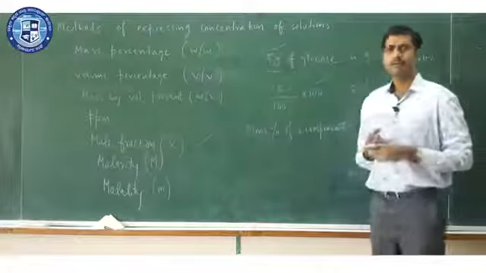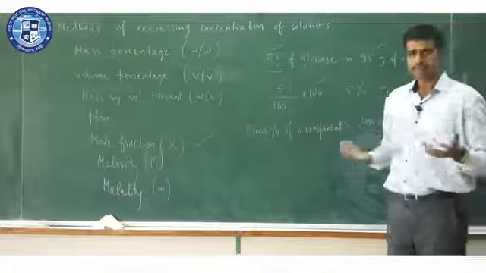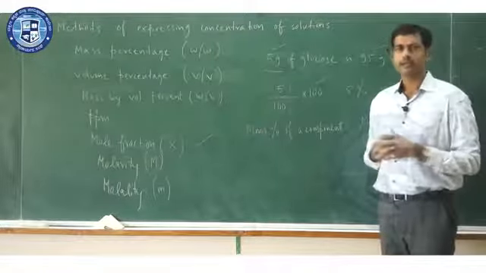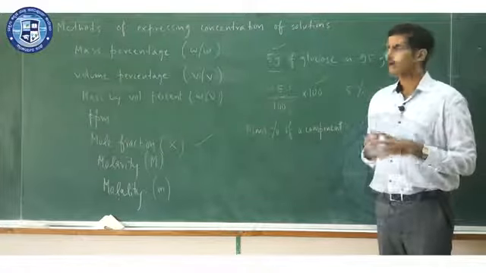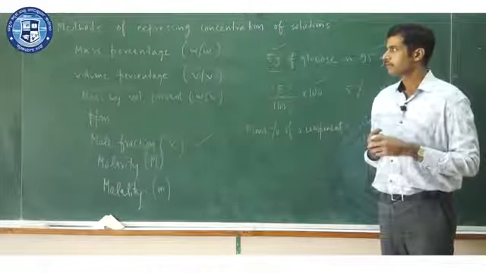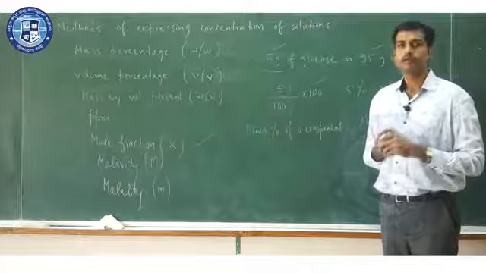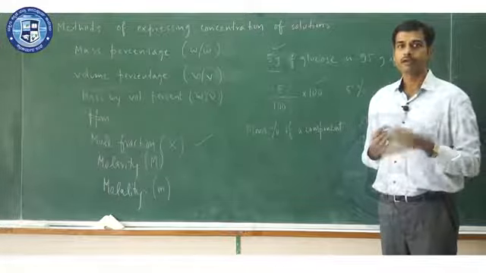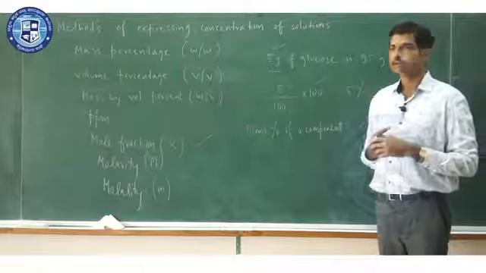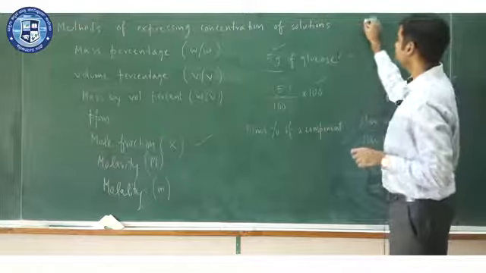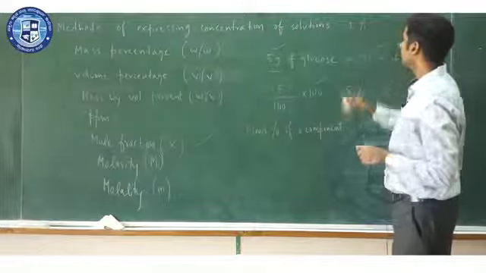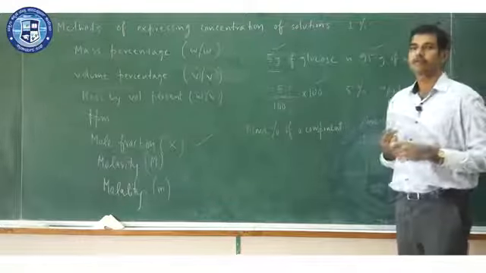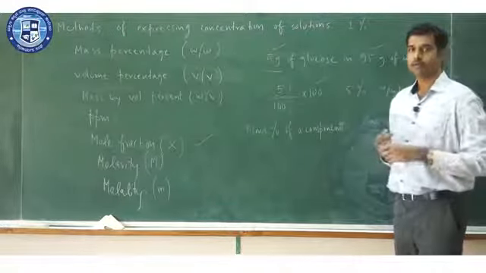And you might have seen many of these in our day-to-day life. You have some of the medicinal creams. Say you have an antifungal cream, and if you have read the label, you will find, say, it consists of 1% of the antifungal medicine, say clotrimazole.